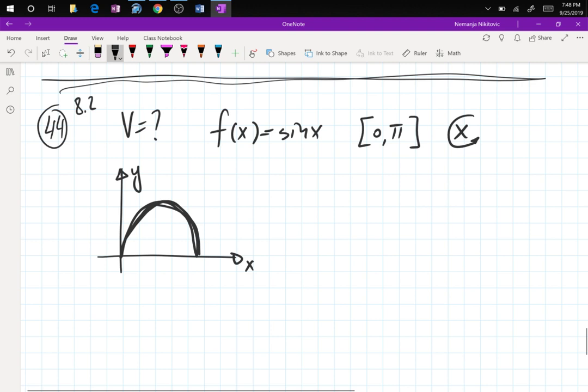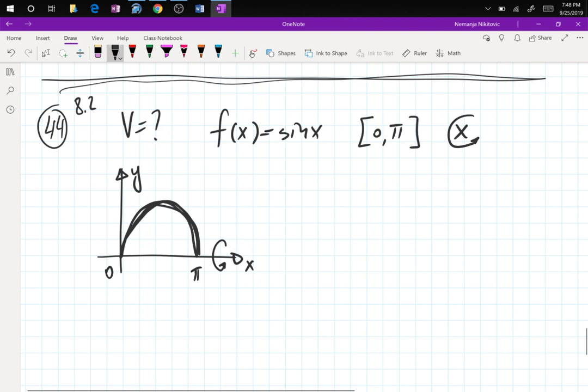We are doing rotation on x-axis. And we have 0 to pi, which is why I only have a bump. It doesn't go under the axis, because under the axis would be the negative bump from pi to 2 pi. And I'm rotating on x.